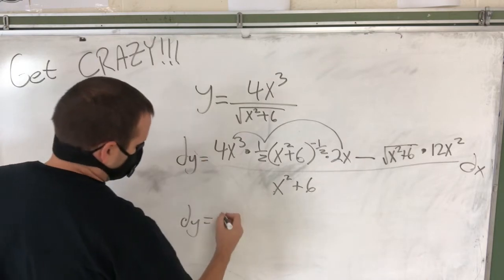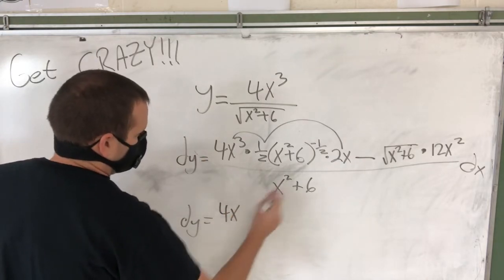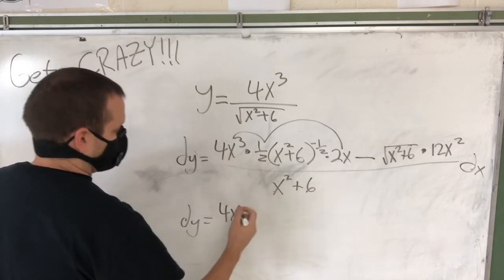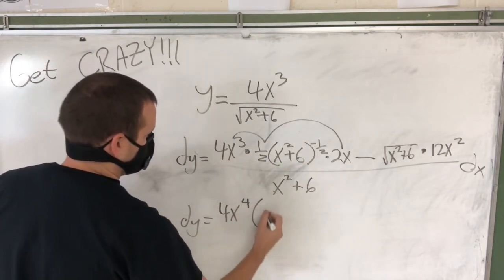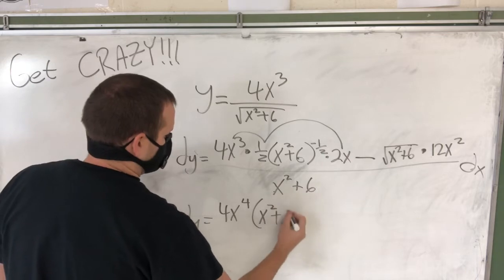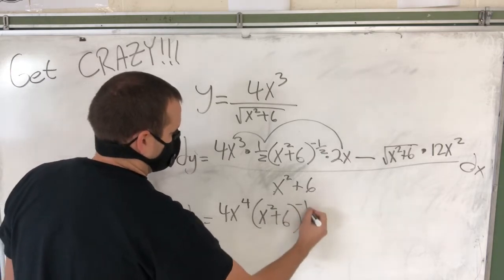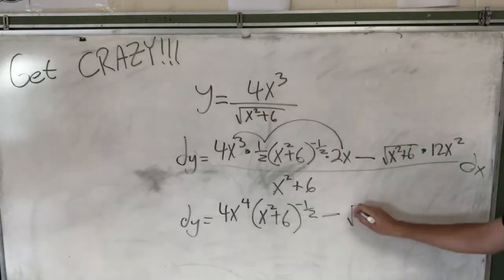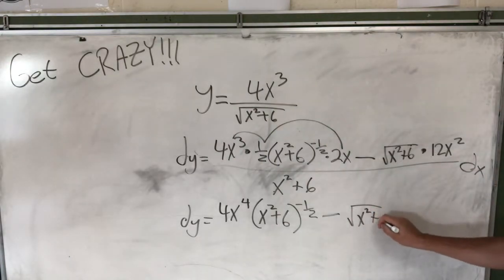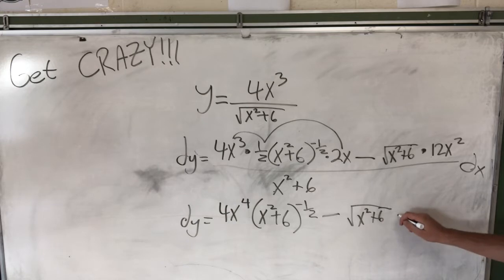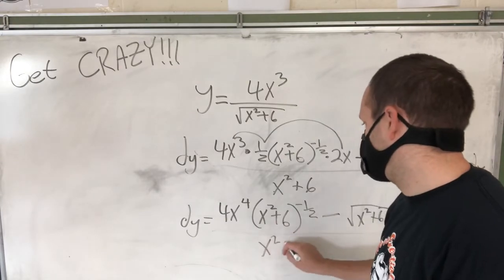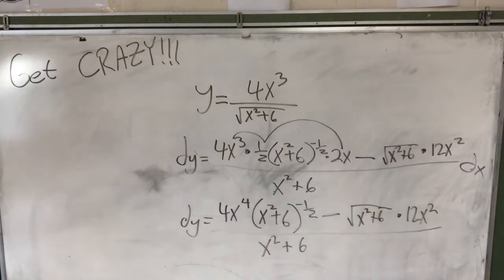Times 4, so that gives me 4x to the, I've got 1 and 3, so that gives me x to the 4th, times x squared plus 6 to the negative 1/2, minus square root of x squared plus 6 times 12x squared all over x squared plus 6. Whew, dx.